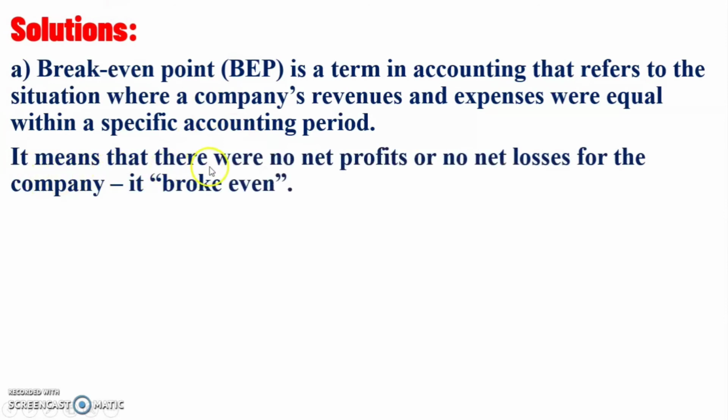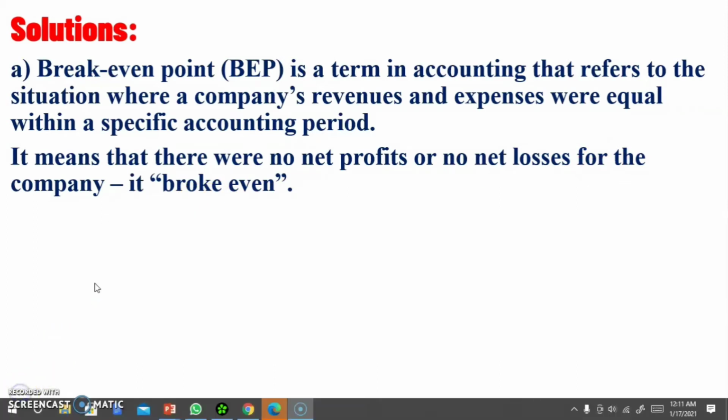It means that there are no net profits or no net losses for the company, it broke even. In the position of break-even point, there is no loss or no profit.